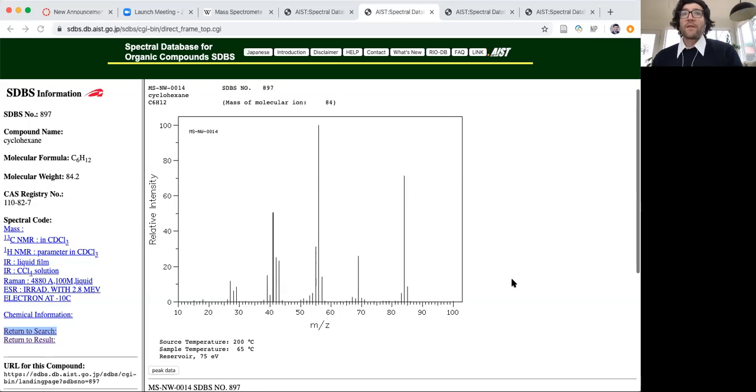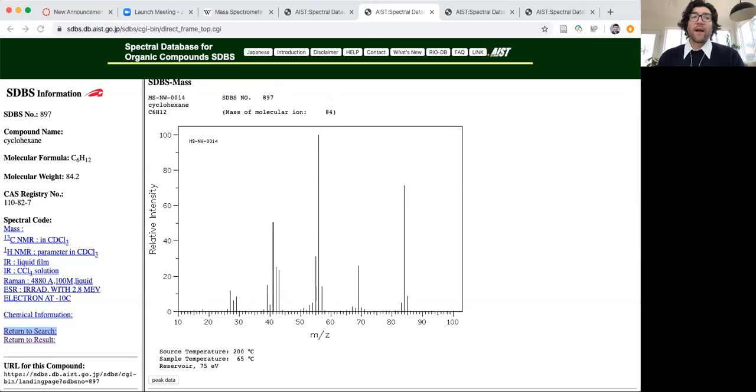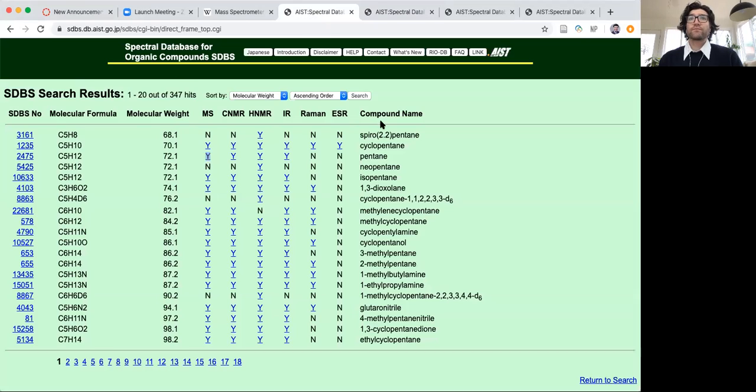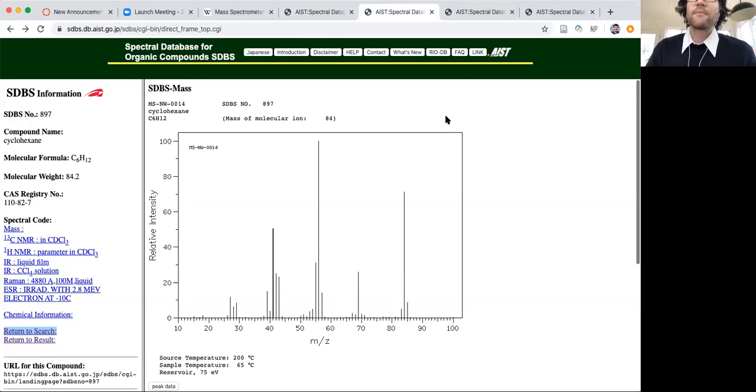So what does this mean exactly? If we now switch screens to the mass spectrum of cyclohexane, its molecular weight, C6H12, is 84: 72 mass units for the carbons and 12 for the hydrogens.